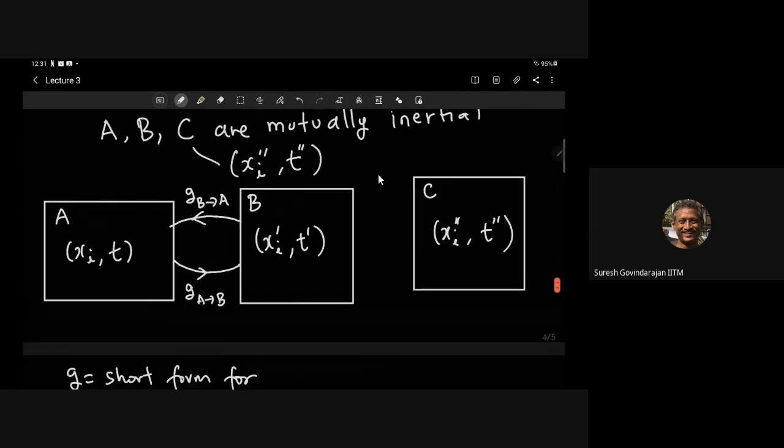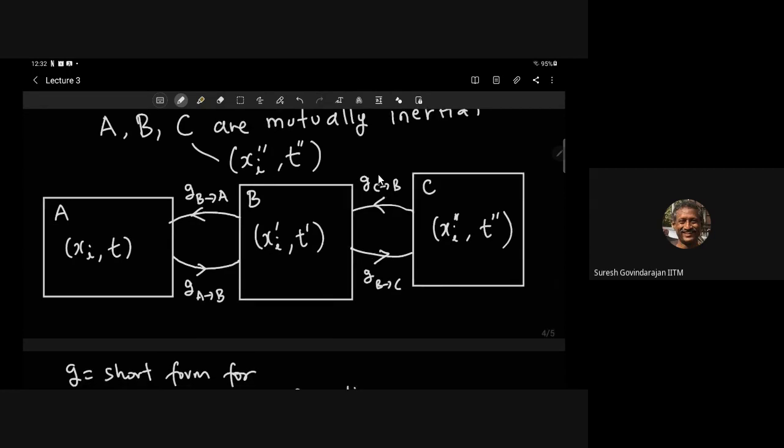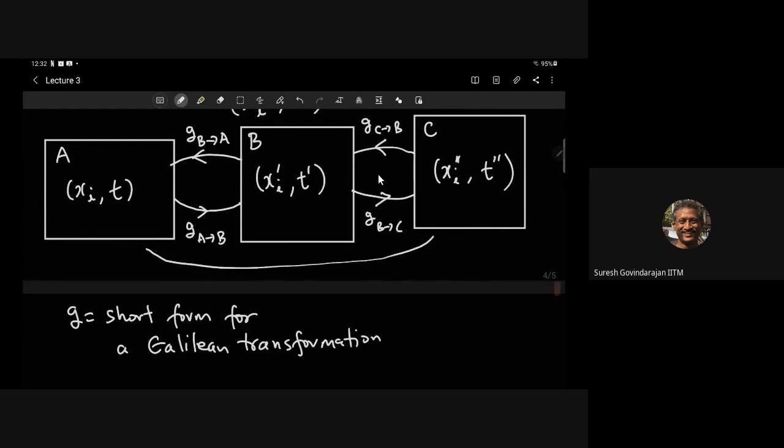Now, what about B and C? How will their coordinates be related? They will also be related by some Galilean transformation, right? They have to. This takes you from C to B. Similarly, there will be another one which goes from B to C. Is this clear? Because they are mutually inertial, that must happen. A similar thing should happen here too.